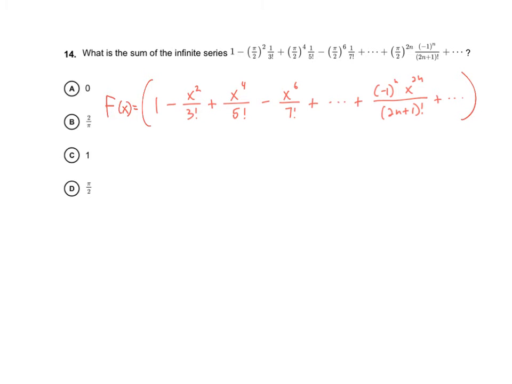But let's say you multiply everything by x. So x times f of x is x minus x cubed over 3 factorial and so on. So now at least we got those to match, which is kind of nice.